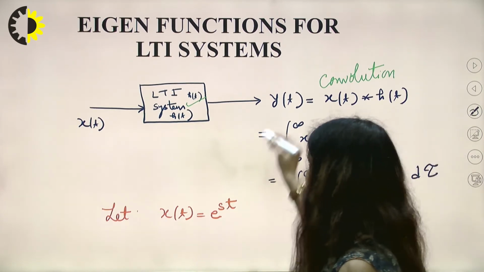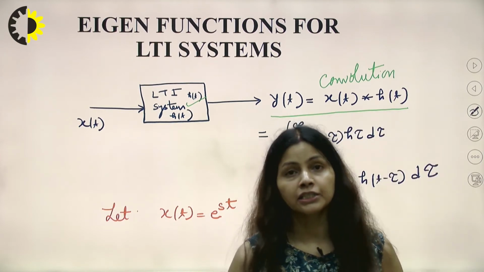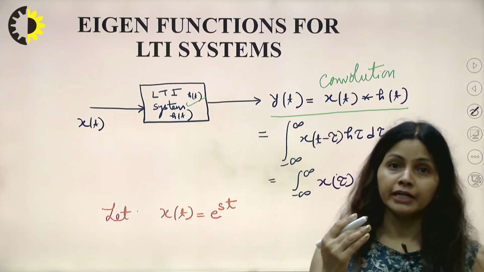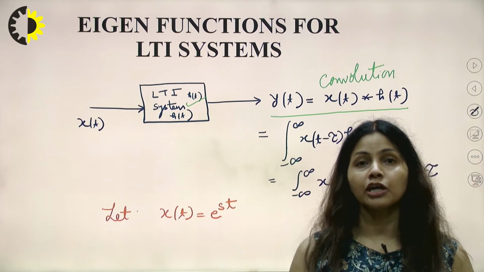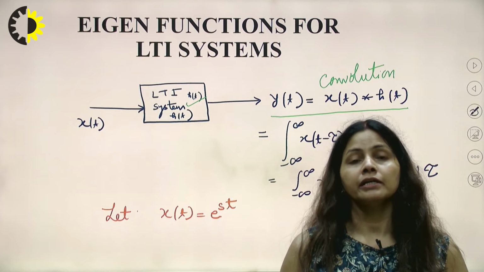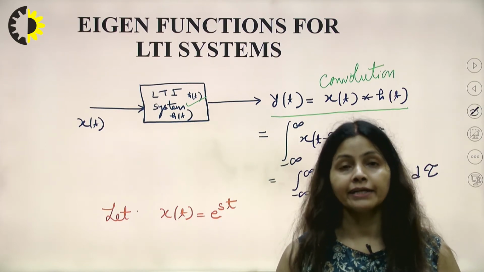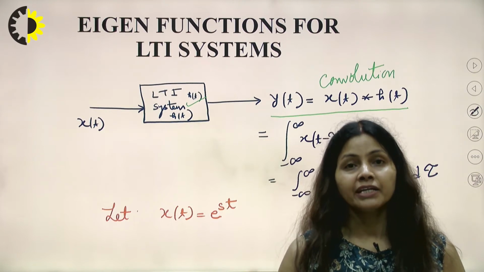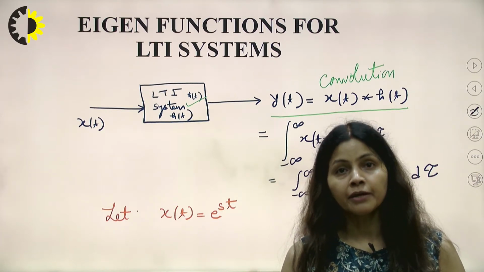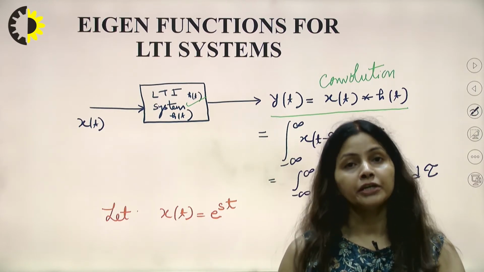So y(t) is nothing but x(t) convolved with h(t), that is equal to the integral from minus infinity to infinity of x(t minus tau) h(tau) d tau, or we can also say that the output of the LTI system is equal to the integral from minus infinity to plus infinity of x(tau) h(t minus tau) d tau.